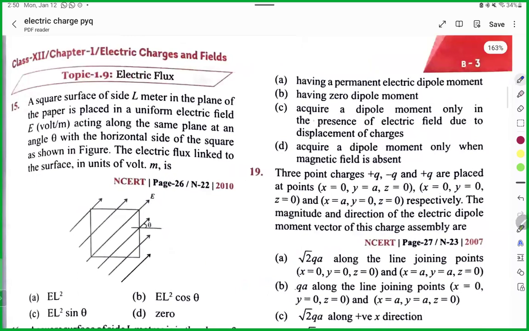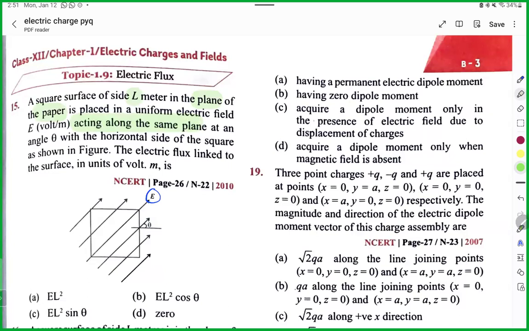Electric flux. Here, the electric field is not passing through the surface. How do I know? Through the question: a surface in the plane of the paper is placed in a uniform electric field acting along the same plane.